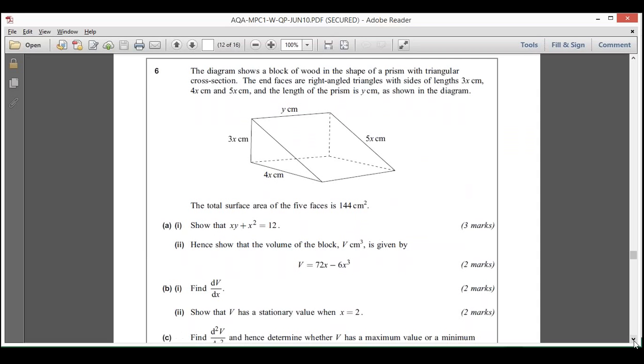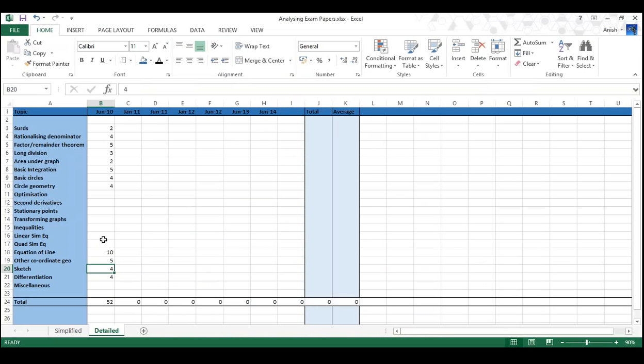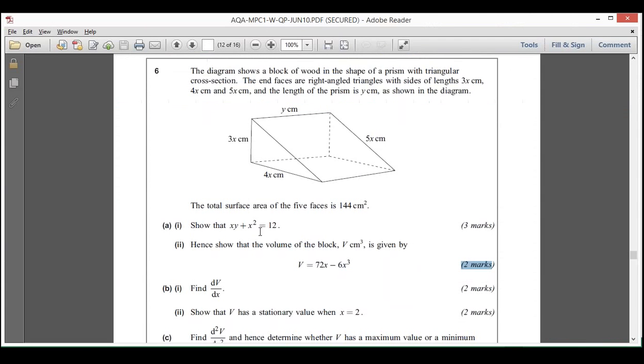Right, so this is an optimization question. So 3 marks to start off with, followed by, hence show that, so 2 marks. So I'd say all of that is the optimization part. So 5 there. Find dv by dx. So this is just basic differentiation.